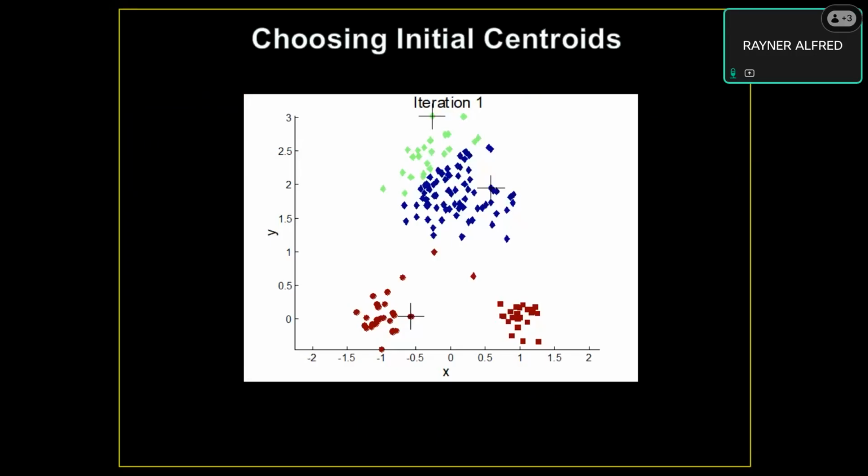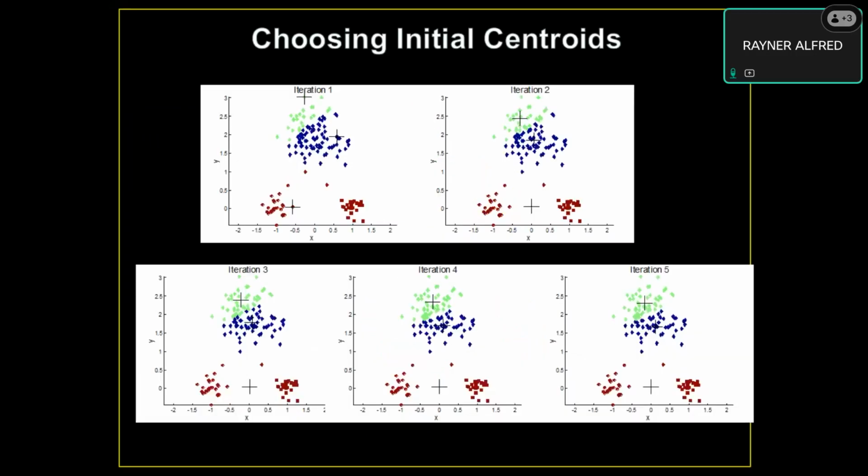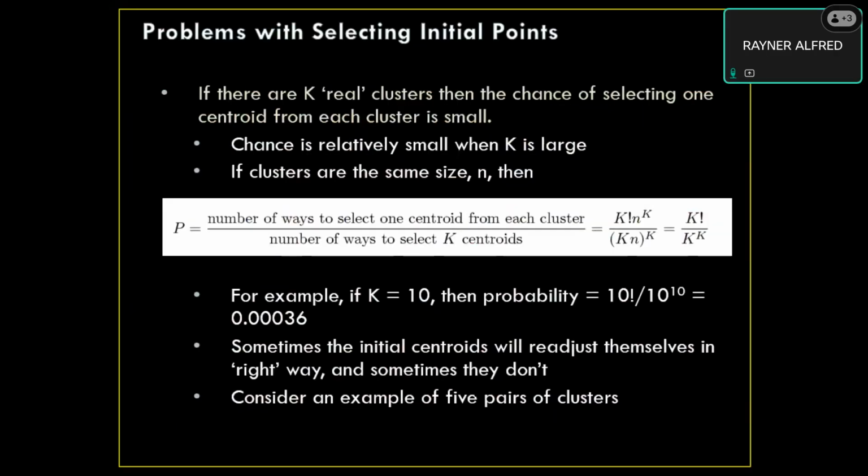So the earlier point, choosing initial centroid will also affect the performance. But they will ask you how many times I should go. 10 times, 20 times. So what is the probability of you getting the right center? They say if I compute the probability for me to get the right center, I will have this 0.00036 probability that I will get the right center.